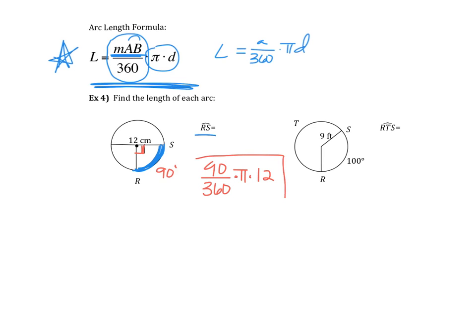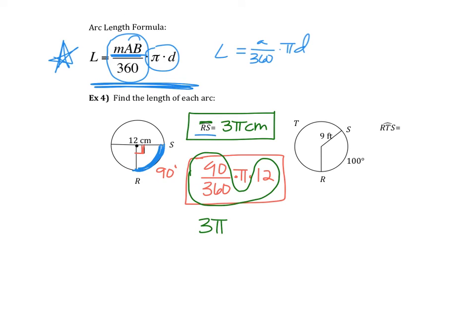So this is your answer. It's just not in simplest form yet. What you do is you plug into your calculator everything but the pi. So 90 divided by 360 times 12. When you plug that in, you get 3, and then you attach your pi. So arc RS would be 3 pi centimeters long.